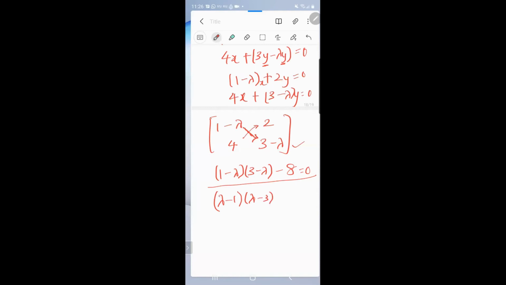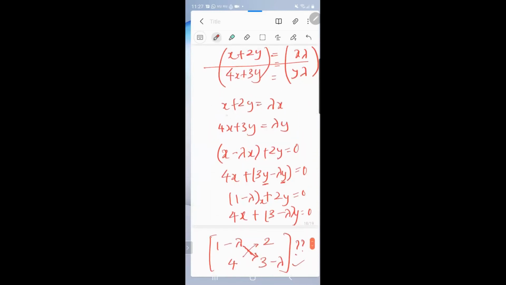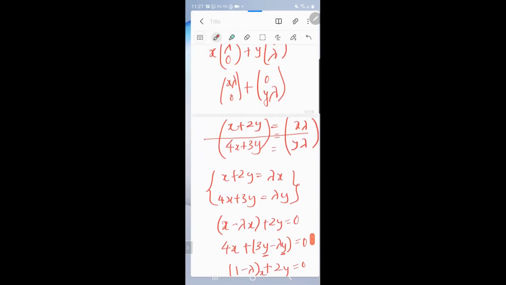How did you get the new matrix? You mean this matrix, Shruti? Right. So same process. I started from this set of equations, which is what you had also done, right?